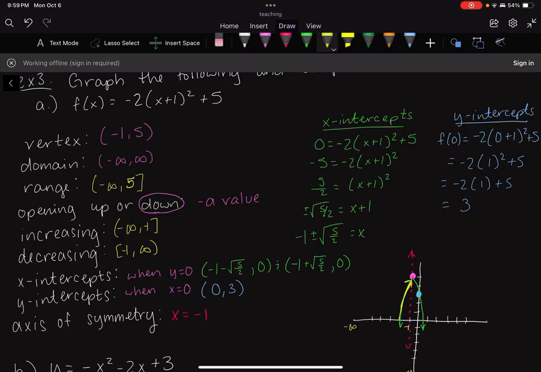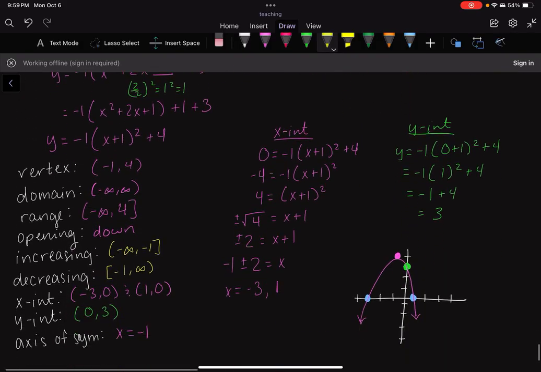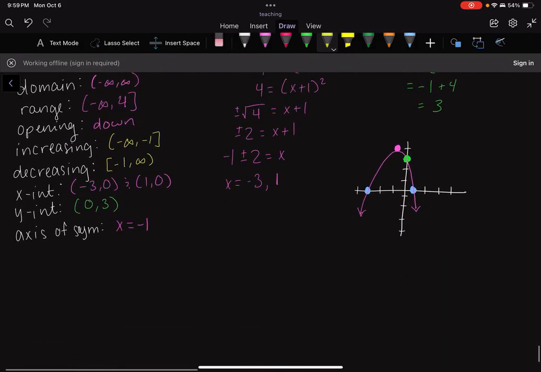The vertex goes up to 5. So that should be the height of my graph, my range. Sorry about that. I have no idea what I was thinking when I wrote 4 on there. Who knows? Sorry about that again. It's a little late, but that's really no excuse.